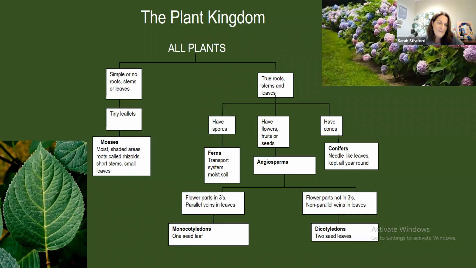Some look a bit like they're in straight lines, but they're obviously not parallel, but they run like a rail line, I guess. Yeah, they run like a rail line. This is the tricky thing with plant classification. I've been working with plants for a long time and I can walk out into the garden, look at a plant and go, oh, I don't know if that's a monocot or a dicot.